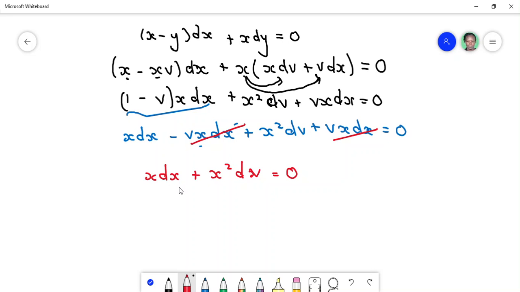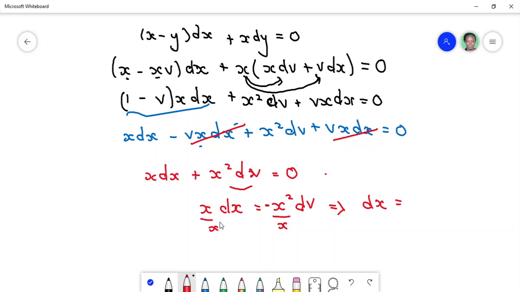If I do that, I can take the v term to the other side so that I have x dx equal to negative x squared dv, because it crosses the equal sign, it becomes negative.